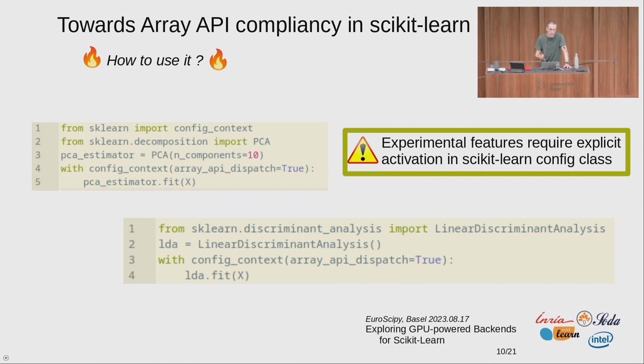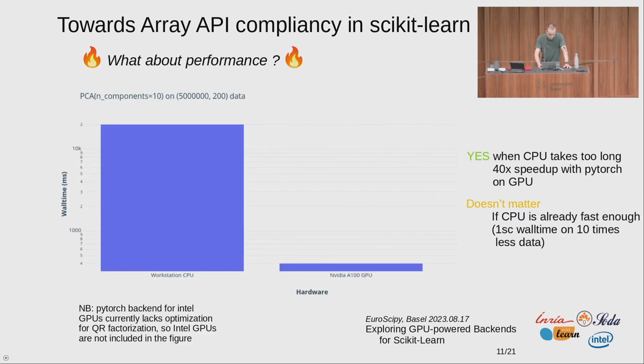The array API dispatch parameter has to be set to true. And when you set that, the array API compliance will be activated, and you can just use it with other inputs.